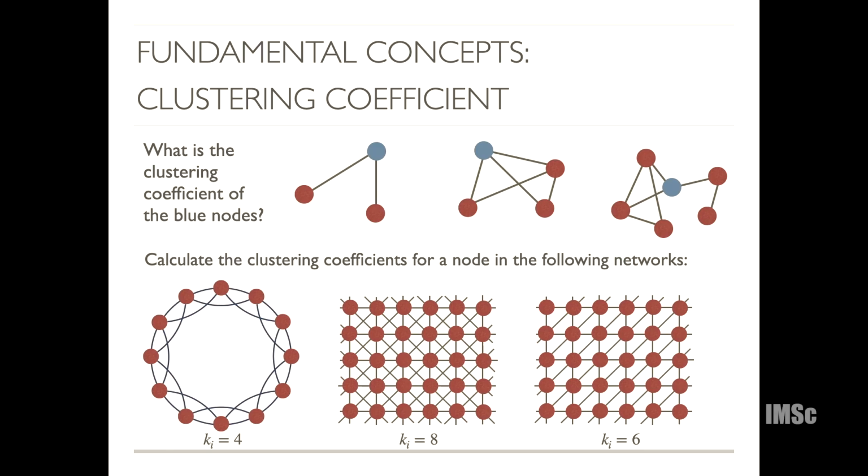And then what is the actual number of links that do exist? 6. 1, 2, 3, 4, 5, 6, 7. No, it's not. Wait, one second. Yeah, 1, 2, 3. Yes, it's 6. It's a hexagon.